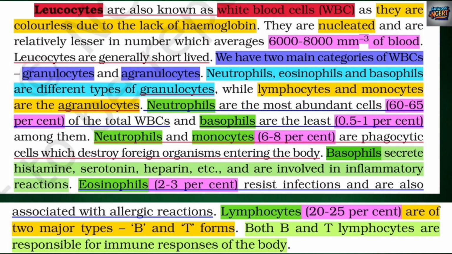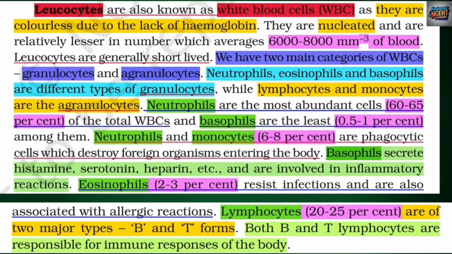Neutrophils are the most abundant cells, 60 to 65% of the total WBCs, and basophils are the least, 0.5 to 1% among them. Neutrophils and monocytes, 6 to 8%, are phagocytic cells which destroy foreign organisms entering the body. Basophils secrete histamine, serotonin, heparin, etc., and are involved in inflammatory reactions.